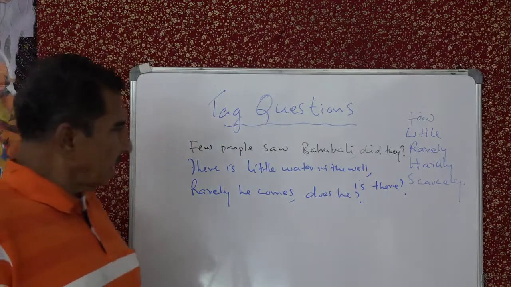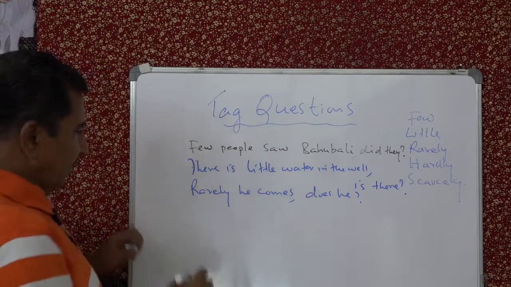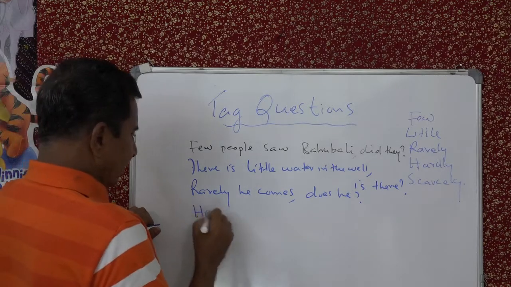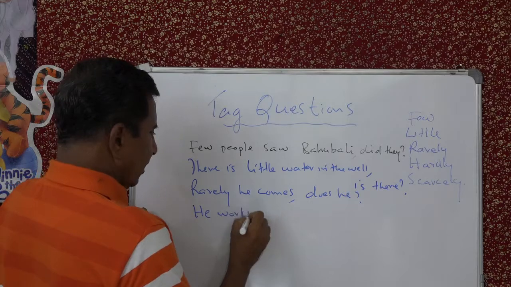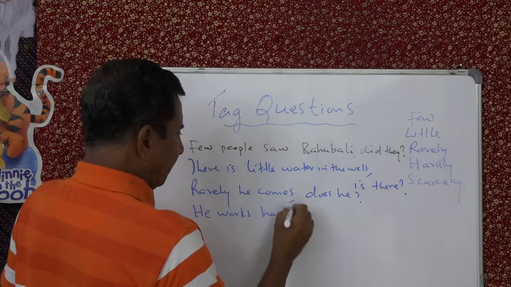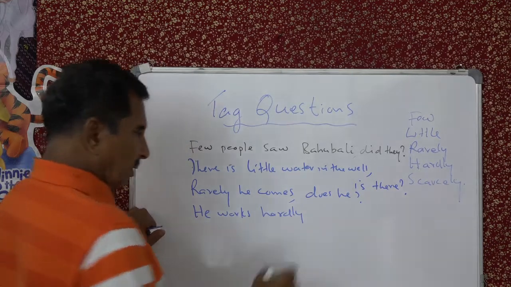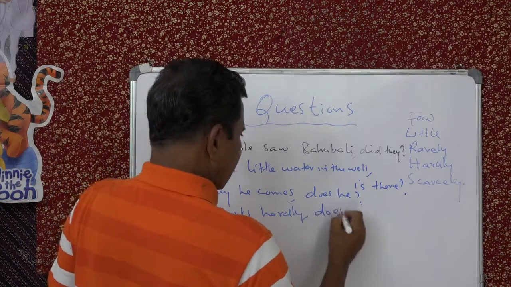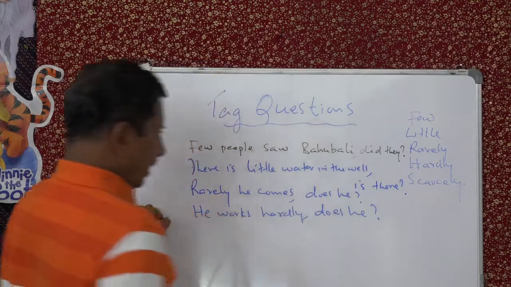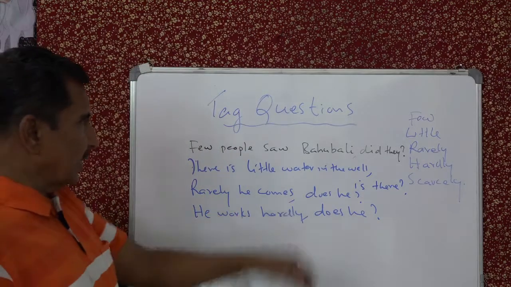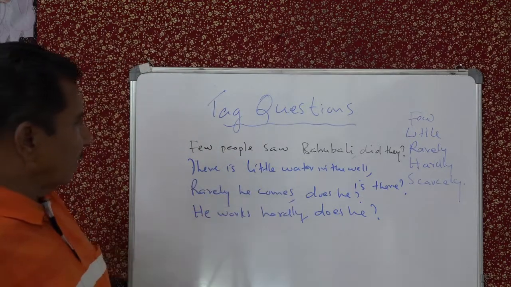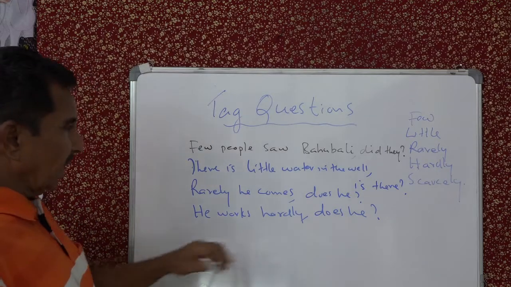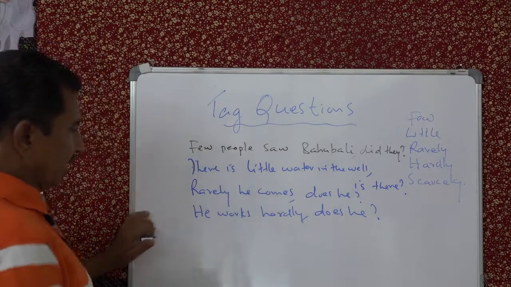Rarely he comes, does he. And he works hardly, put a comma and then does he. Other verbs. Is there. Yes. Few people saw Bahubali. Then he works hardly. And next, scarcely.